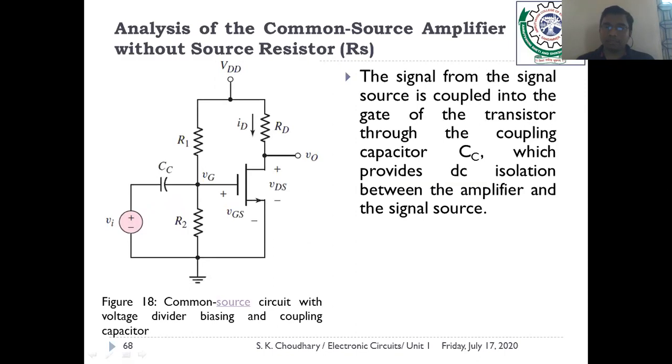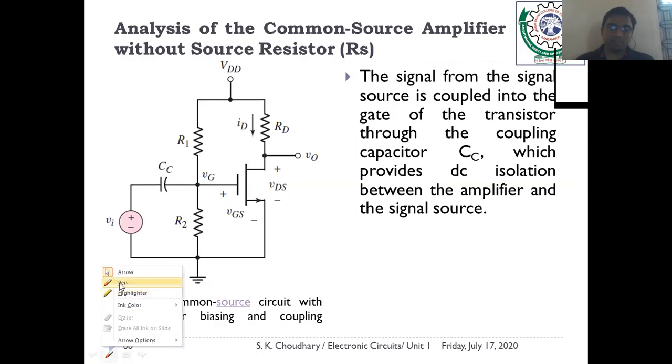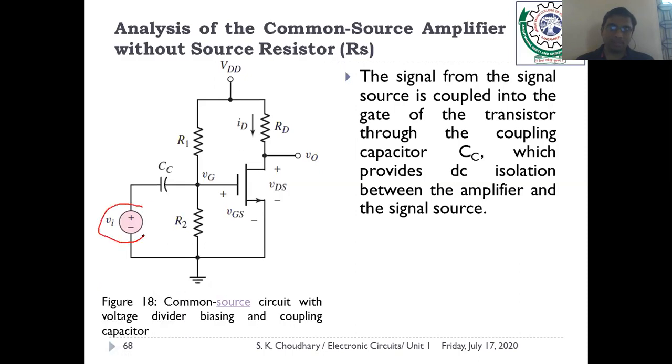In this circuitry, the signal is coming from the signal generator or AC signal source, which is here nothing but this VI. This signal is a time varying signal, and it is coupled into the gate of the transistor through this coupling capacitor CC.